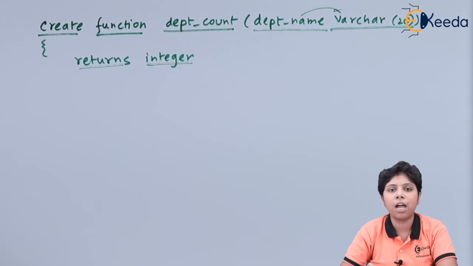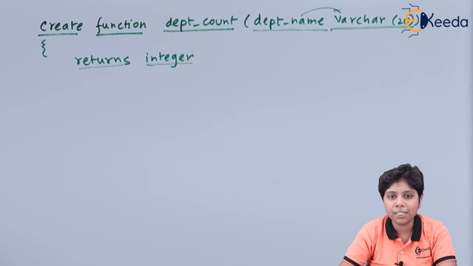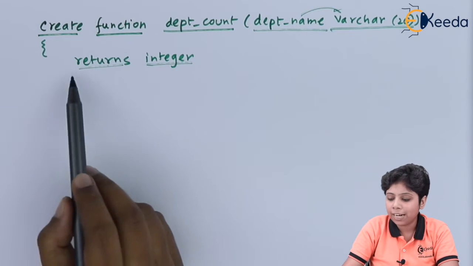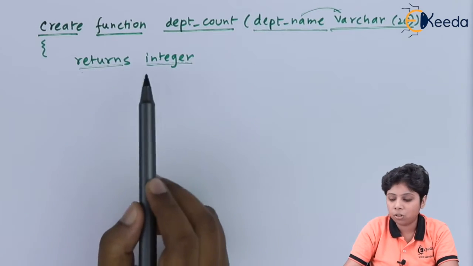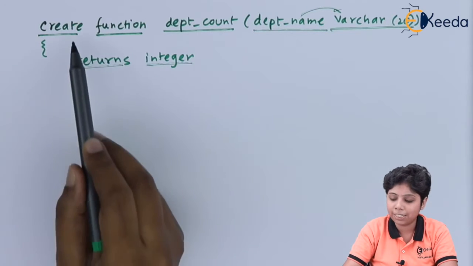As we go further, you can see the main difference between a function and a procedure: a function returns a value and a procedure doesn't return a value. That is the main difference between using a function and a procedure in SQL statements.